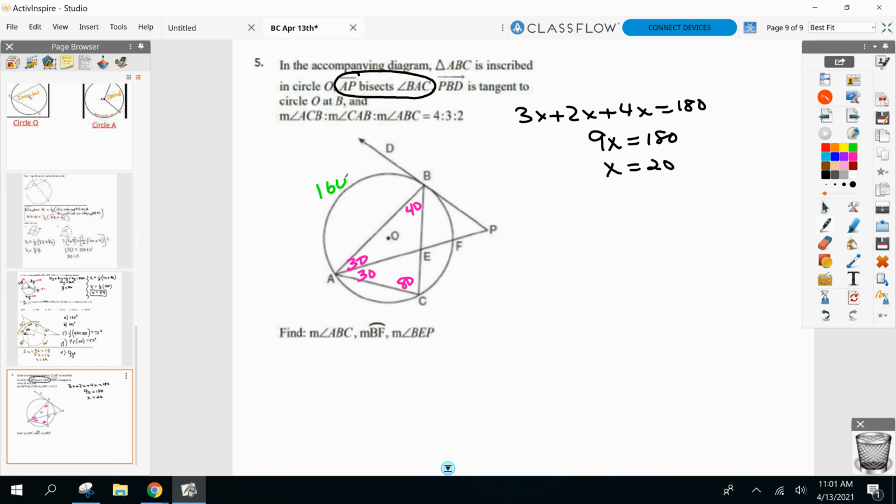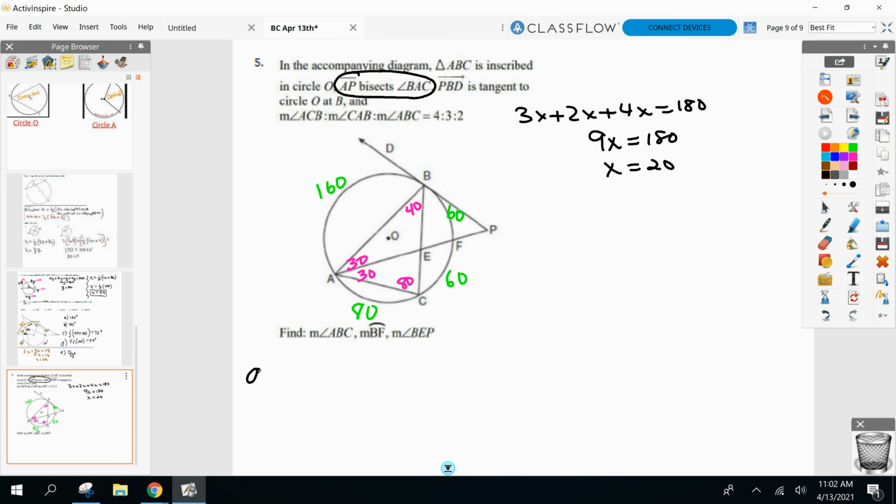There you go, I double it. The 40, I double. Arc AC is 80. Each of the 30s, I double. BF is 60. FC is 60. Now I know each arc measure. It's going to help so much if you can find all the arcs you can.